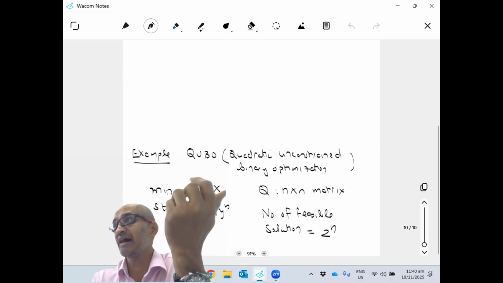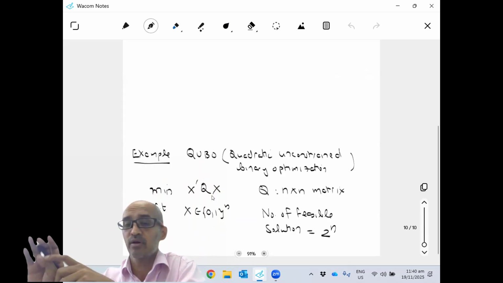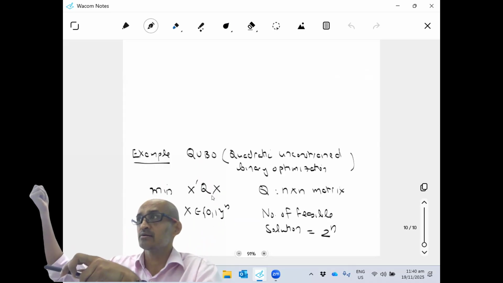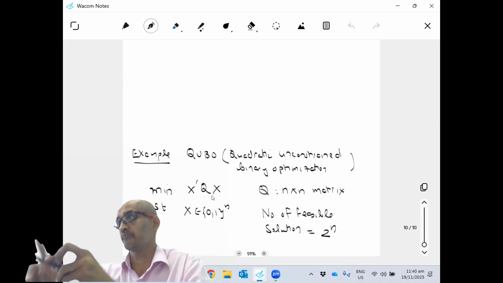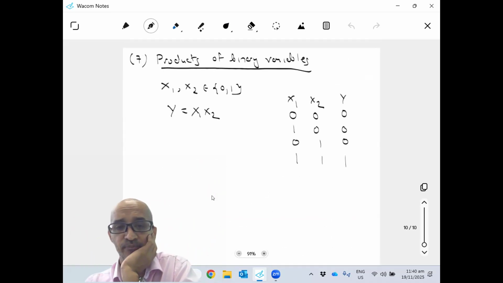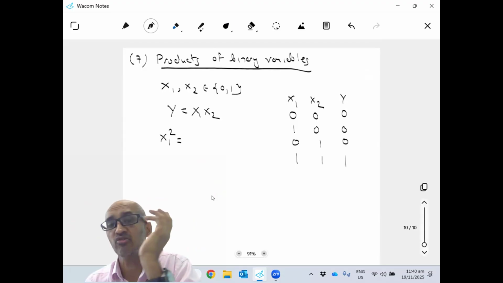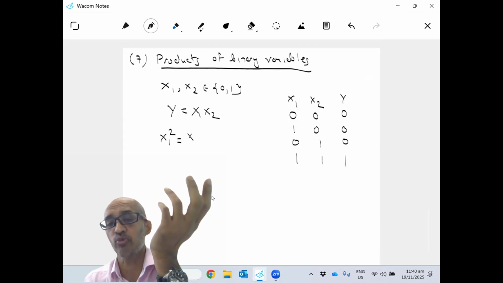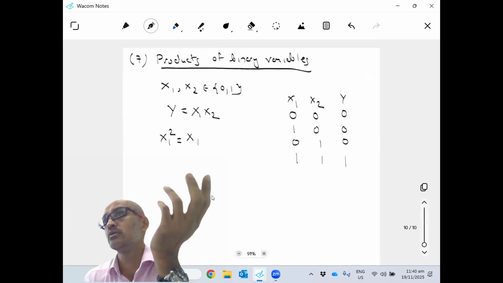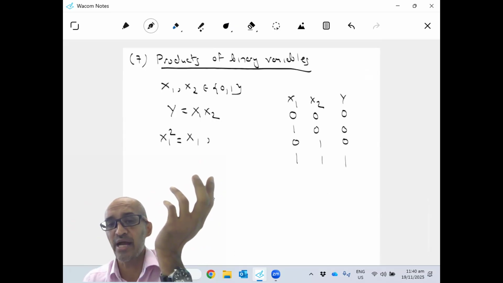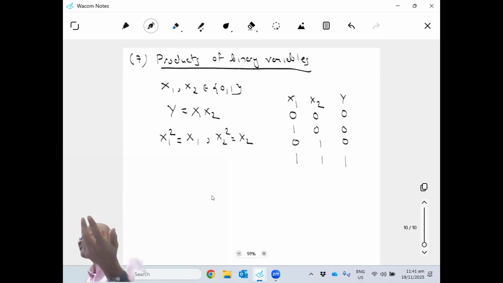This quadratic function will have either terms of the type xi squared or xi xj. The first thing is, if x1 is 0 or 1, what is x1 squared? It is also 0 or 1. In fact, x1 squared is x1. x2 squared is x2 when it is binary. If x takes value 0 or 1, x squared is x.